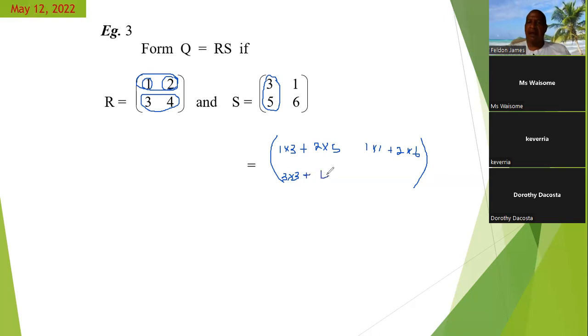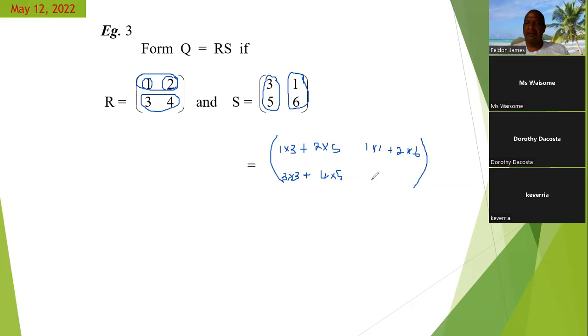Correct. All right. Good. Now, Miss Dorothy, can you tell me now the second row with the second column of this second matrix?